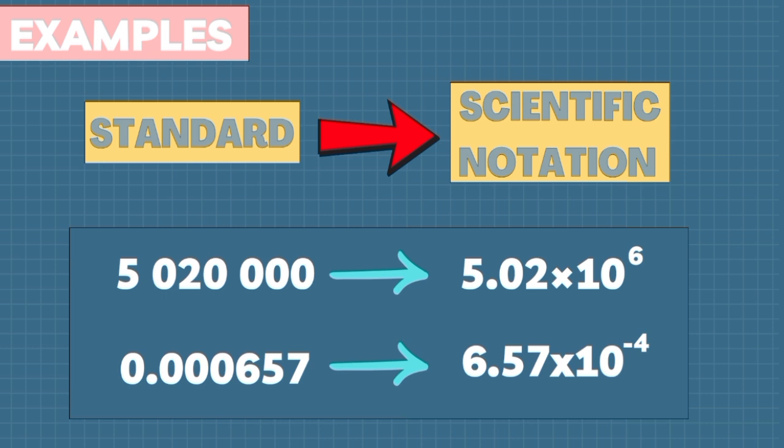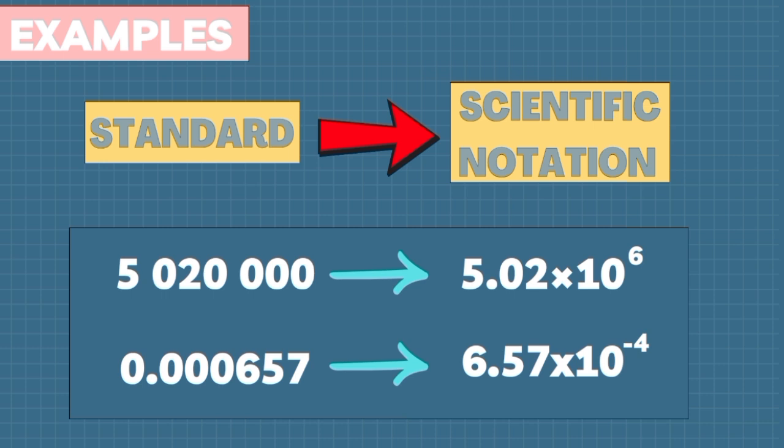So, let's break it down with an example in this slide, standard form to scientific notation, which expresses a large number or very small numbers in shorter form, like 5,020,000 converted into scientific notation, which became 5.02 times 10 raised to positive 6.